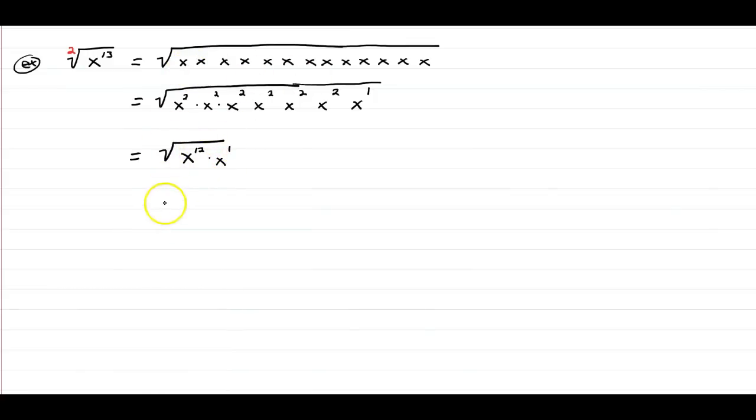But now here, if I split these apart, this one, if I rewrite it as 12 over 2, 12 divided by 2 is equal to x to the 6. And that's why I wanted that 12, because it was divisible by our index. And since I divided by an even, and my answer was an even, I don't need to worry about the absolute value bars.